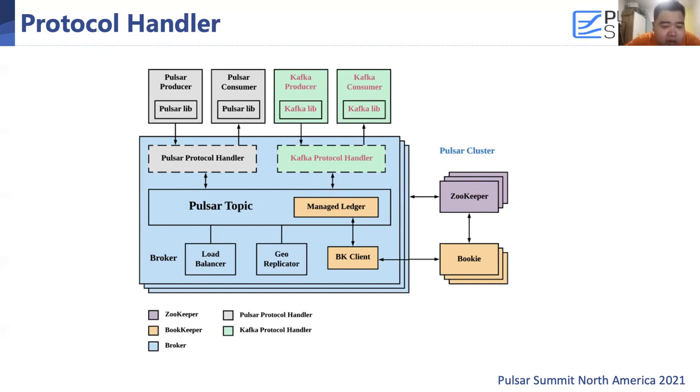The Kafka protocol handler is loaded by the broker, and it can access all the components of the broker, like the managed ledger, which uses a BookKeeper client to access bookies. It can also access the load balancer, which determines the topic ownership. And it can use the ZooKeeper cache to access ZooKeeper for metadata.